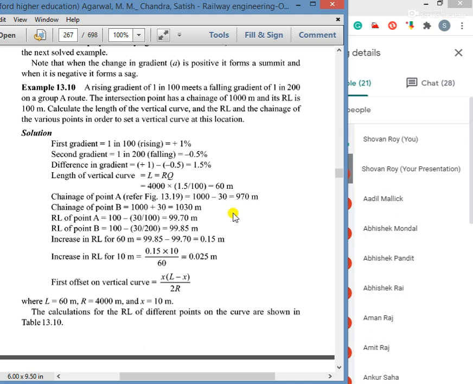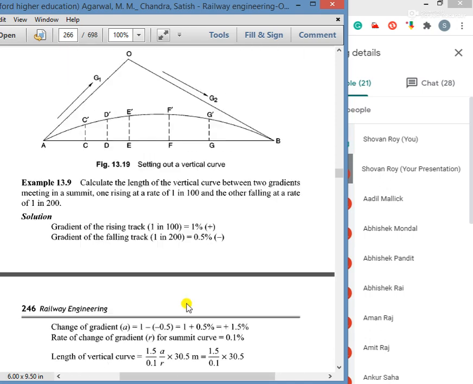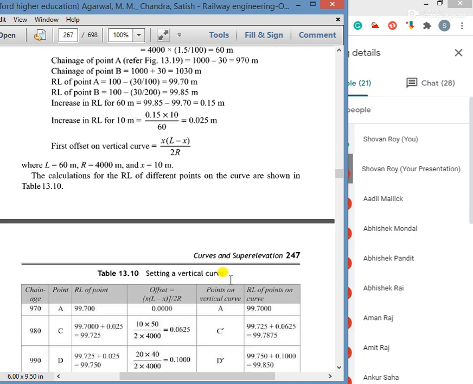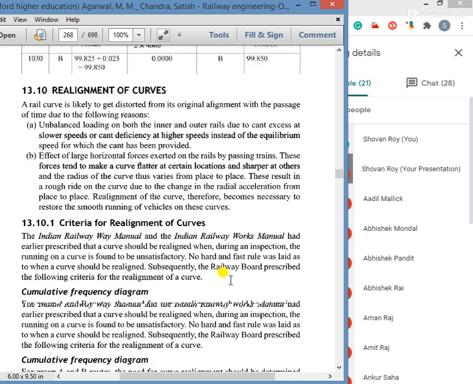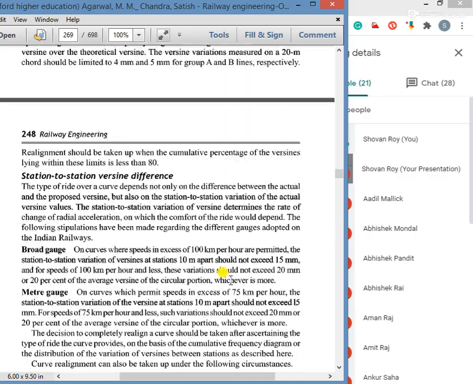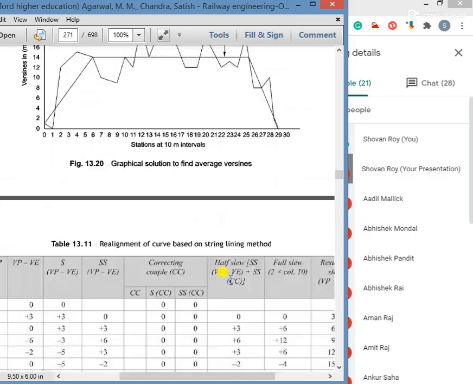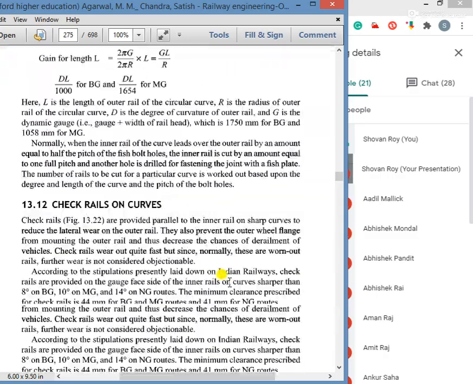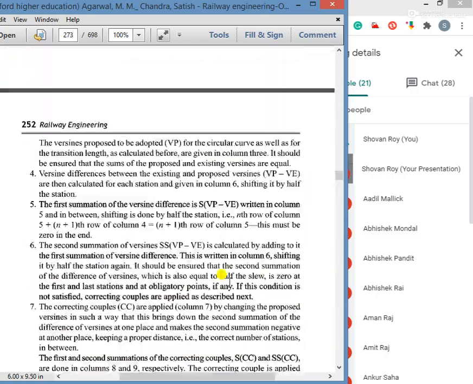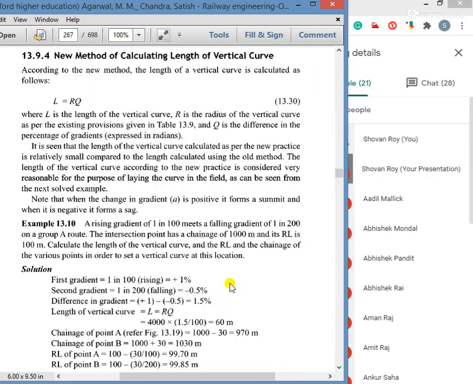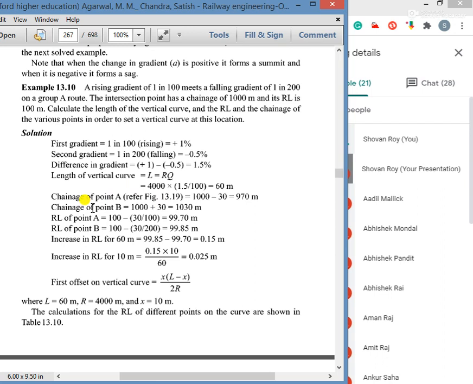At chainage point B, our intersection chainage is 1000, so in the second case we have to add this 30: 1000 plus 30.